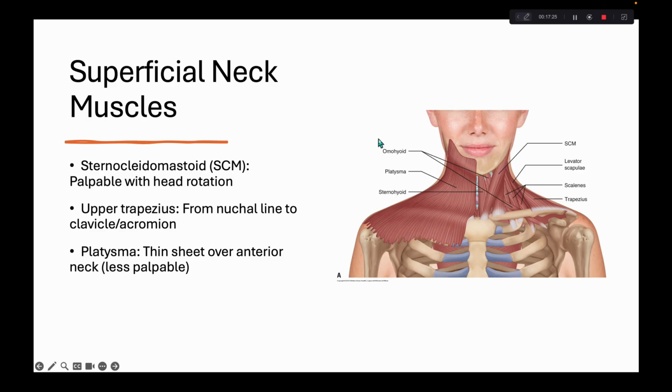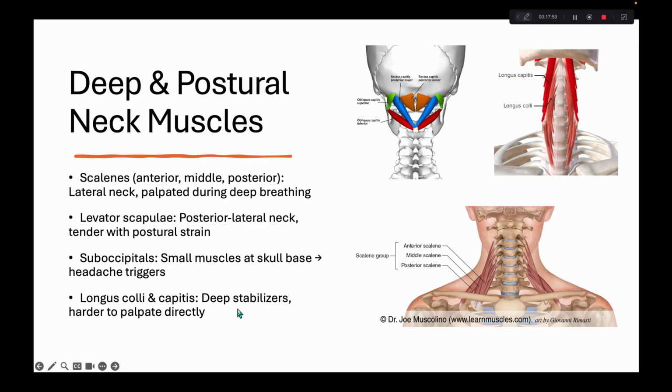This stems from the nuchal line at the occiput, at the back of the head, and then it runs down, at least the front part of it, and connects onto the clavicle and the acromion right across here. So that's why it's also pretty important when you're dressing the neck to also get into the pecs or any tissue above the clavicle, just to free that up as well.